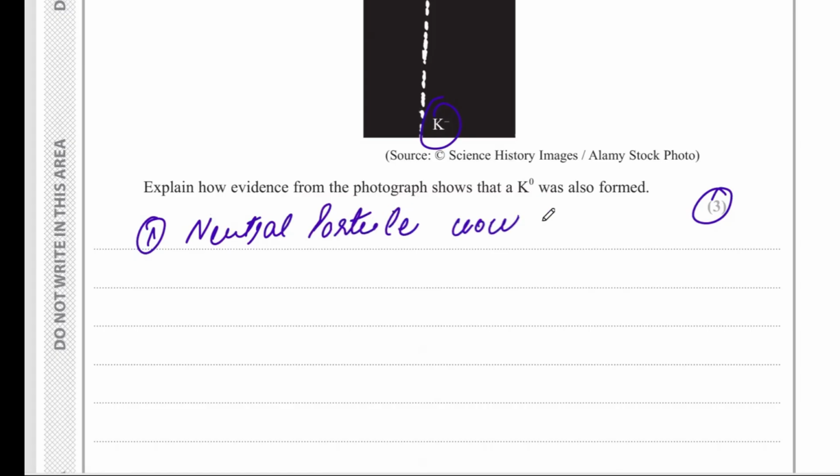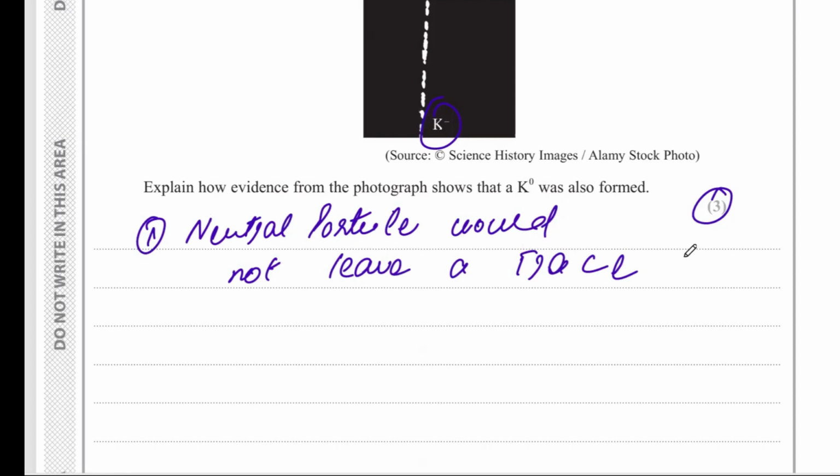So first of all, this is a 3-marker question. We just need to write a few points. Since it has to be a neutral particle, the first evidence is that a neutral particle like cation would not leave a single trace, right?